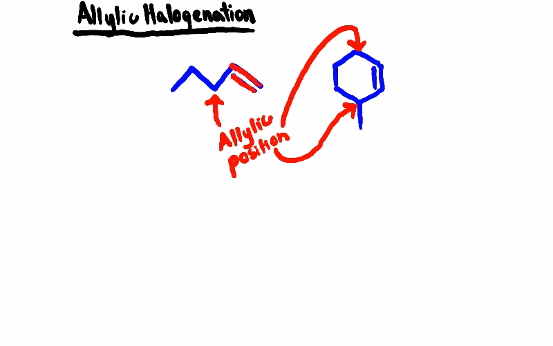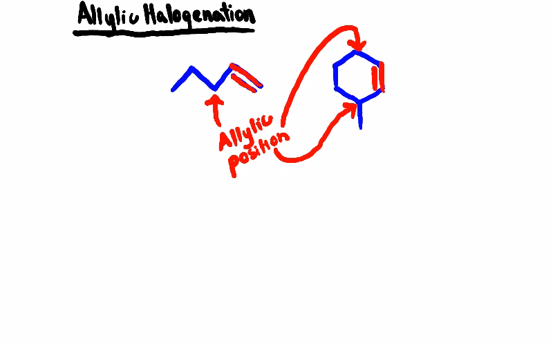Those are both allylic positions because if we look relative to the carbon-carbon double bond, we come one spot over, and that's going to be our allylic position that is going to participate in some special types of chemical reactions because we can form a particularly stable carbon radical intermediate there, or a carbocation intermediate there for that matter, due to the fact that there's a resonance stabilization from those alkene pi electrons.